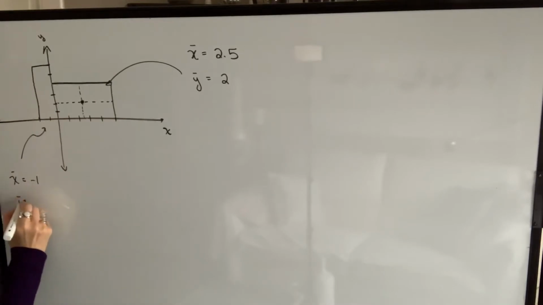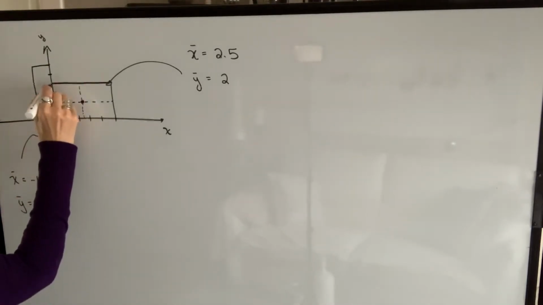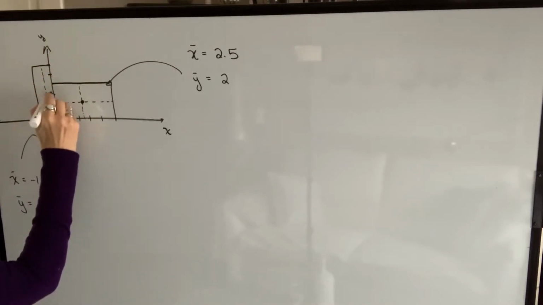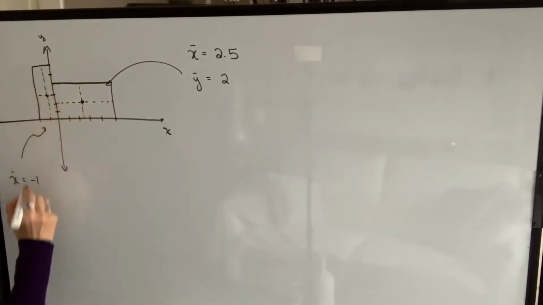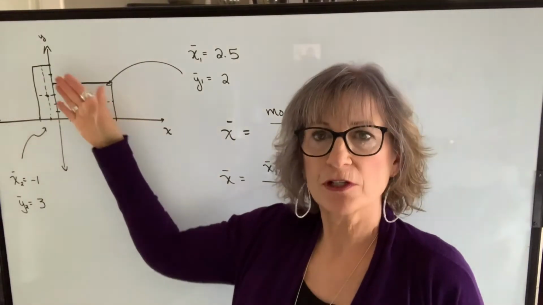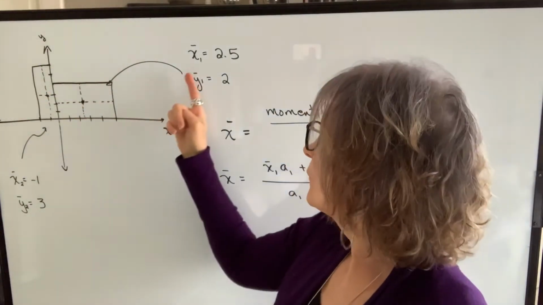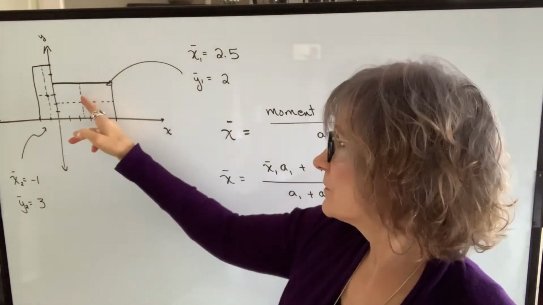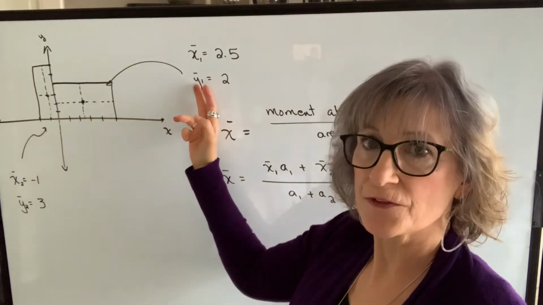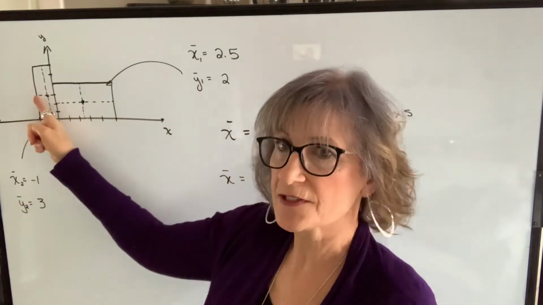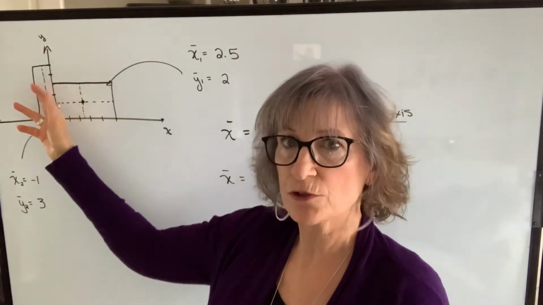And the y-coordinate will be, 1, 2, 3, 4, 5, 6, when y is 3. So to find the centroid of this total shape, I'm going to call these the x-coordinate and y-coordinate of the centroid of the first shape. Similarly, those are the coordinates for the centroid of the second shape. So this is shape 1, this is shape 2.